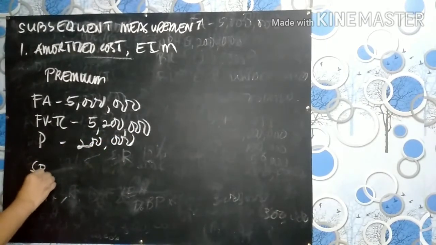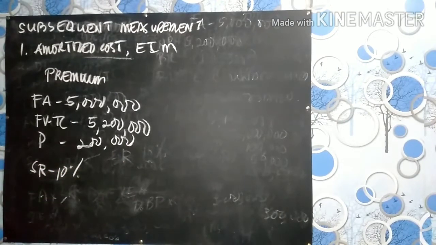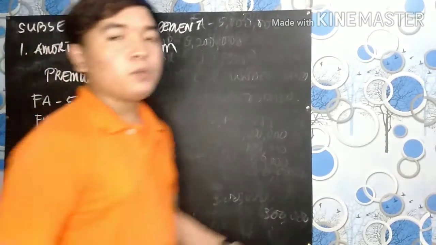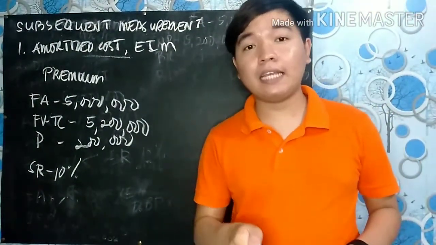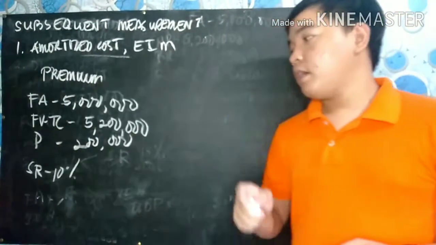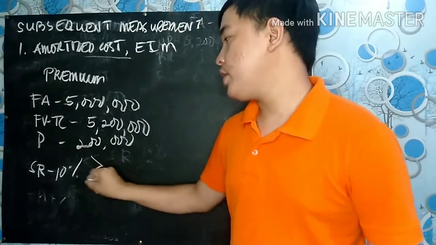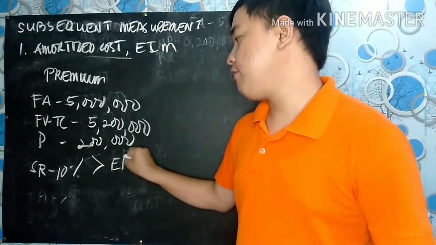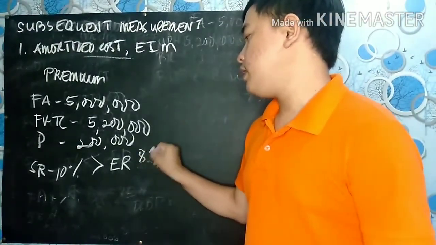Stated rate, let's say 10%. What would be our effective rate? Ano yung magiging assumption natin sa effective rate? Always remember, kapag at a premium, stated rate must be higher than the effective rate. So, let's say, ang effective rate natin dito is 8%.